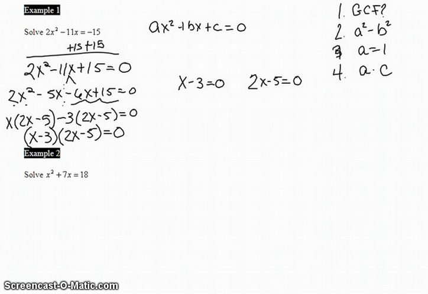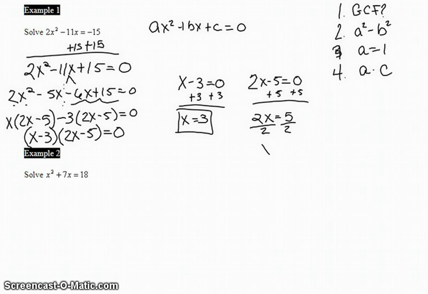In my first one, I'll add 3 to both sides, so x equals 3. In my second binomial, I'll add 5 to both sides, so 2x equals a positive 5. Divide both sides by 2. 2.5, or you could have left it at 5 halves, whatever you want to.